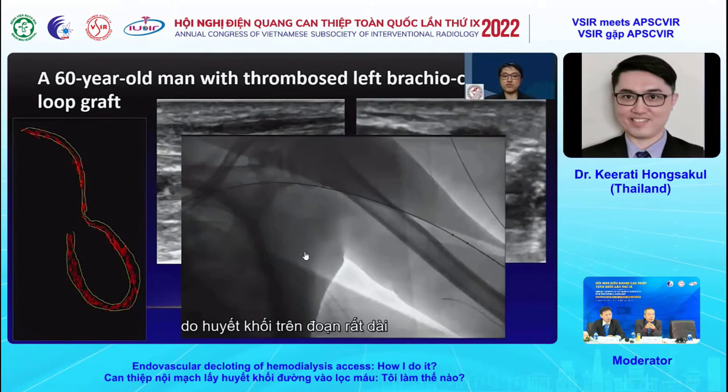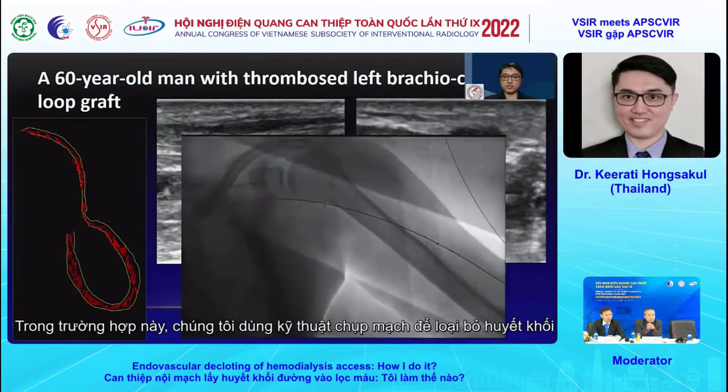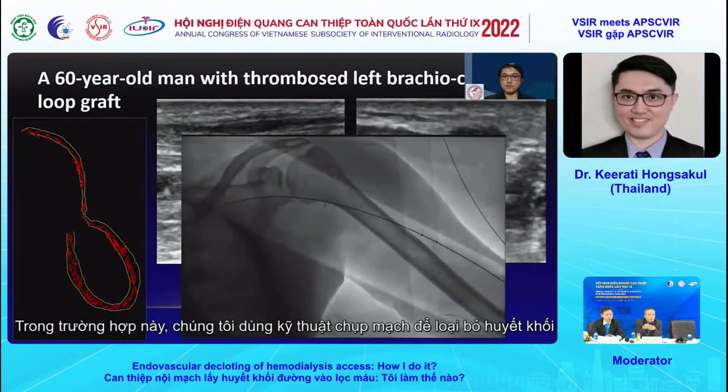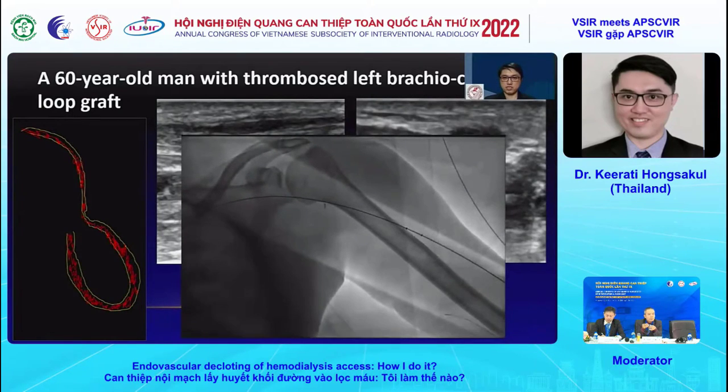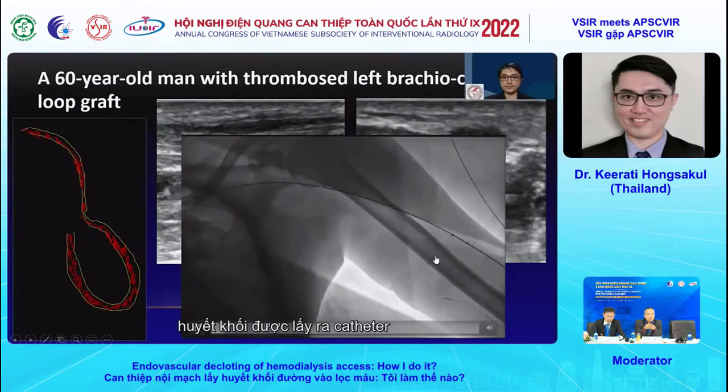In this case, because the clot is very long and extensive, we use mechanical thrombectomy. We use AngioJet to remove the clot like this. The clot will be resisted and removed by the AngioJet catheter.